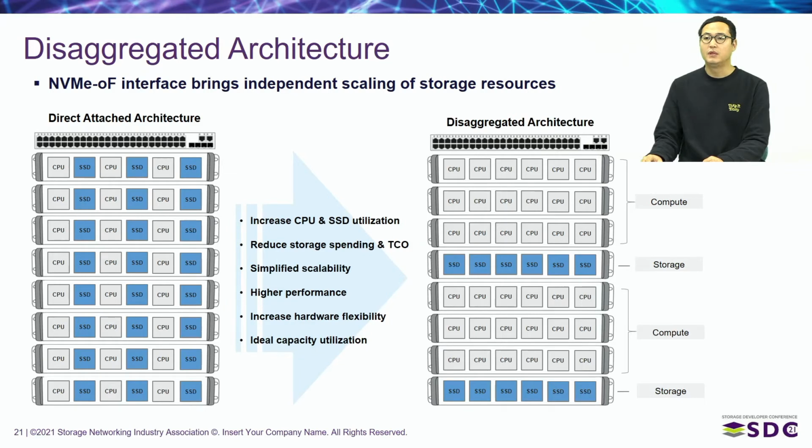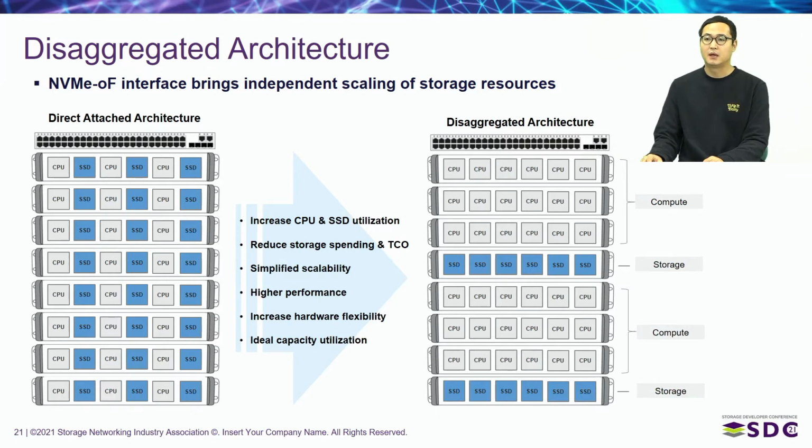So, why do we need an NVMe Fabric system? Modern data center storage system architecture is evolving toward the disaggregated architecture. With traditional direct attached storage architecture, you will need many SSDs and CPUs to run a huge amount of storage pools.